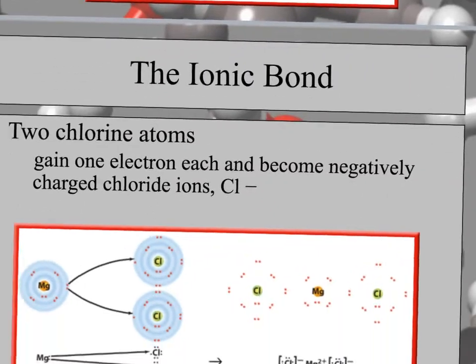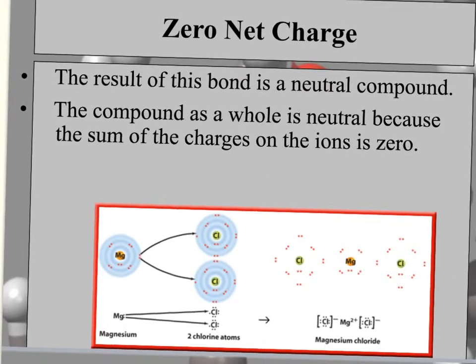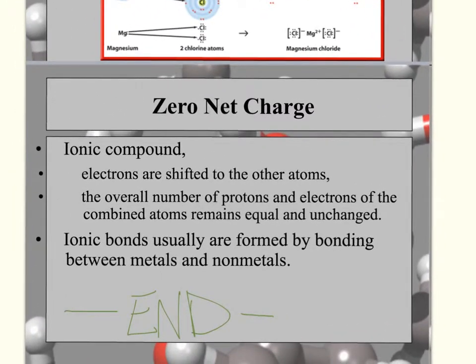So the overall charge is still neutral, once again zero. The result of the bond is still a neutral compound. So once again, that's the whole point behind bonding.